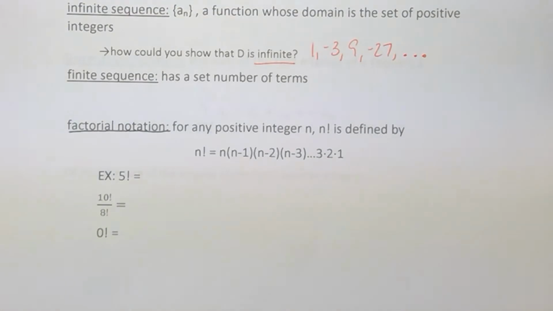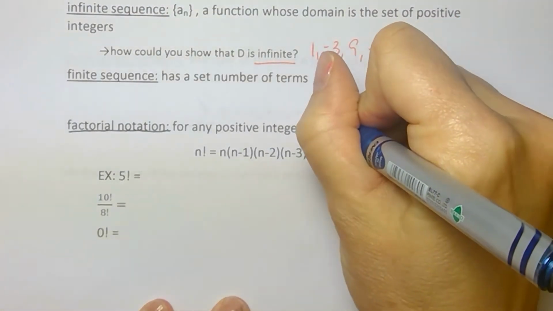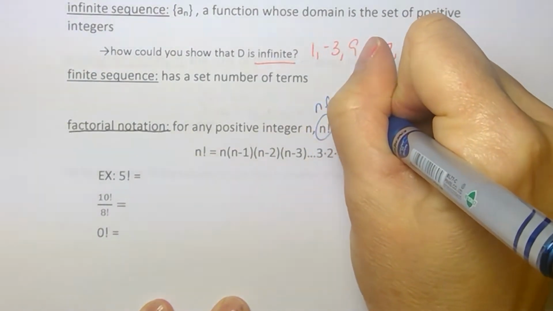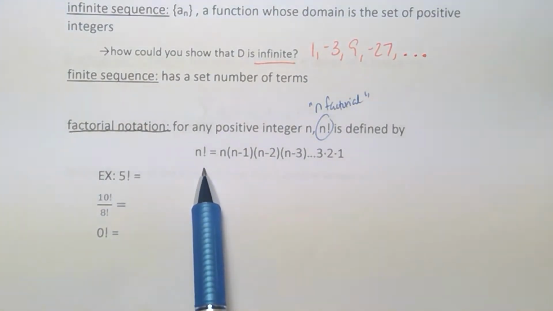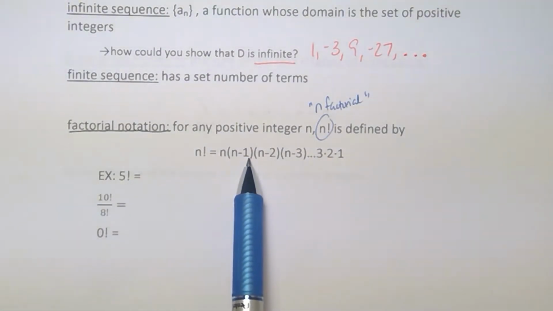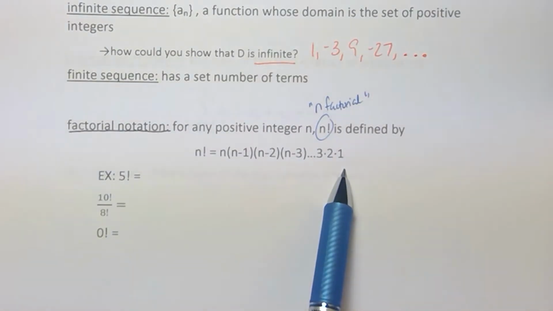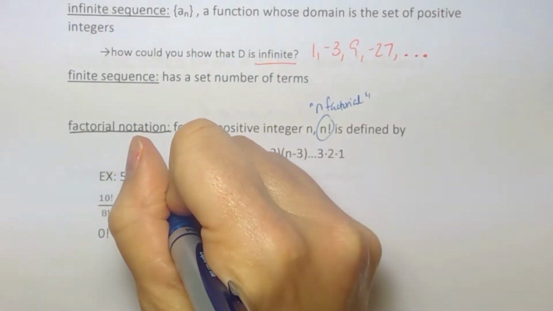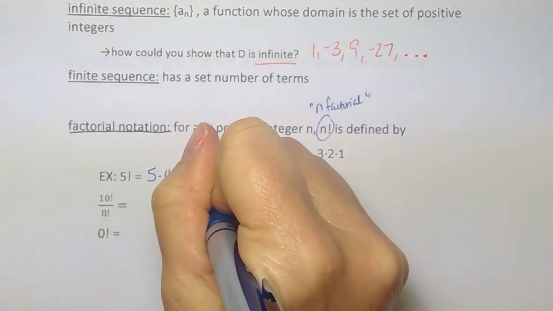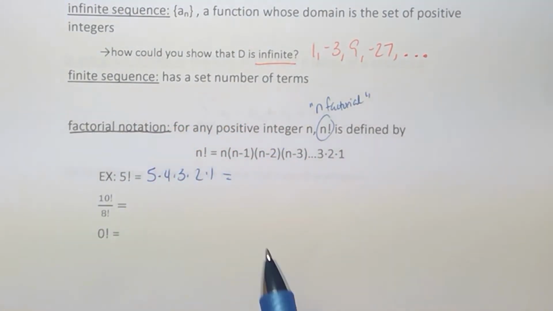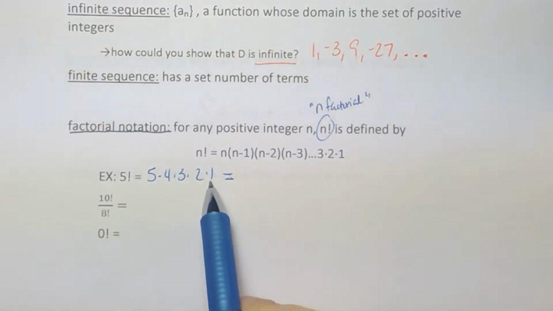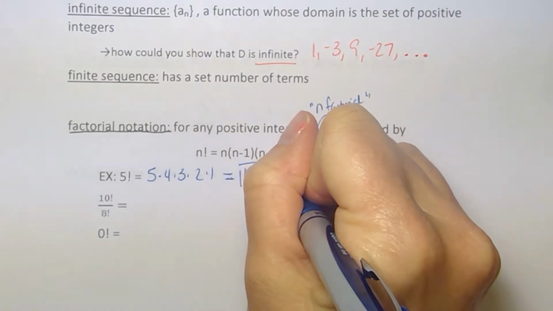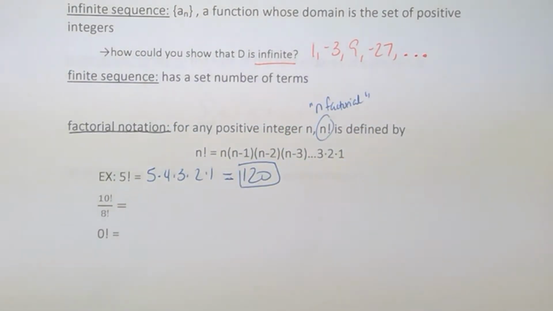For any positive integer n, n factorial is defined by multiplying by whatever n is, and then I count my way down to 1. So for example, 5 factorial would be 5 times 4 times 3 times 2 times 1. The result is 5 times 4 is 20, times 3 is 60, times 2 is 120, and anything times 1 is itself. So that comes out to be 120.